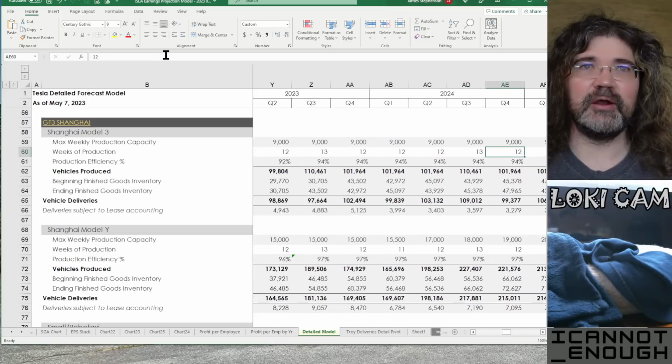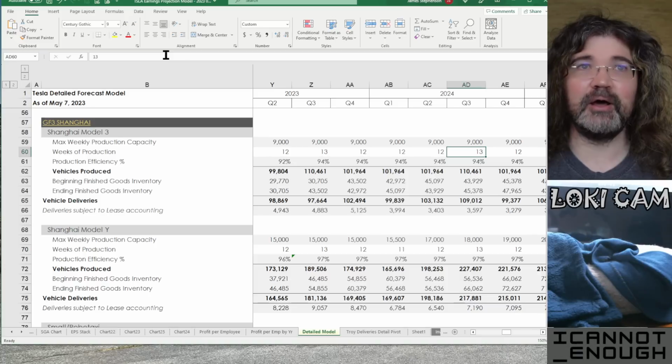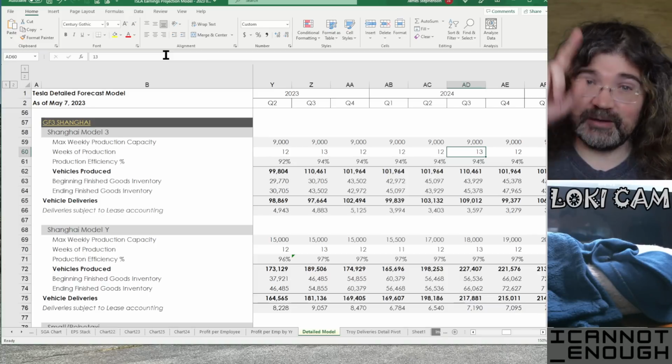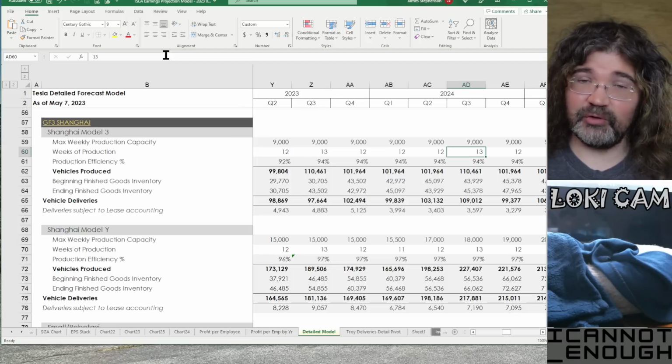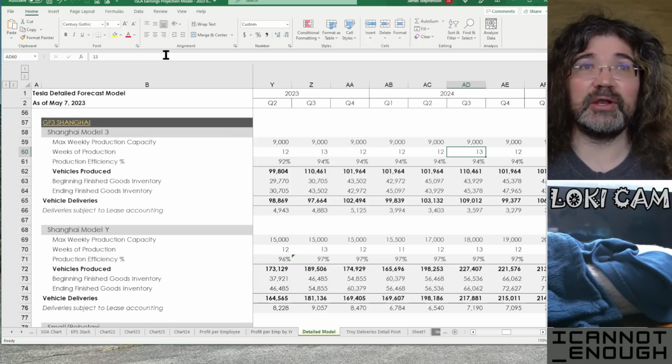You can see in future years, I assume that's the only quarter they can get 13 weeks of production out of. And that explains the little tick downs at the end of every fiscal year on my chart for total deliveries.